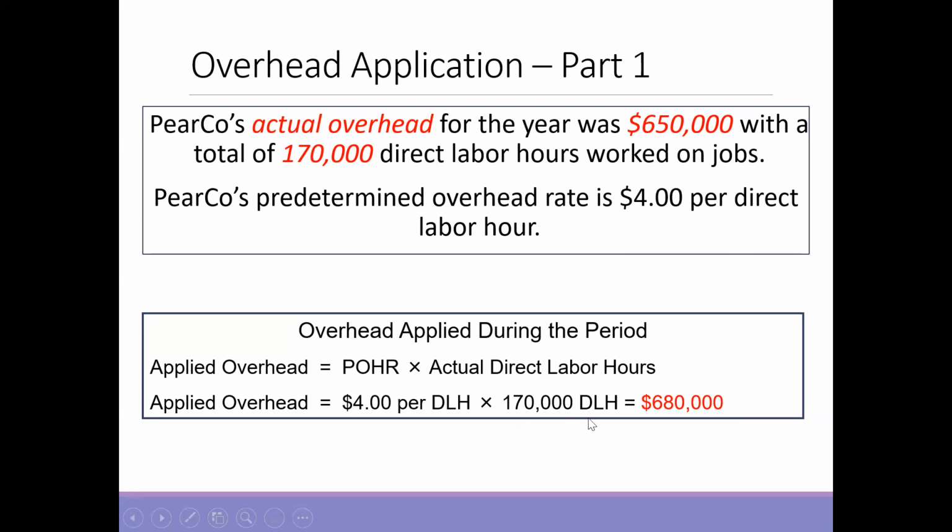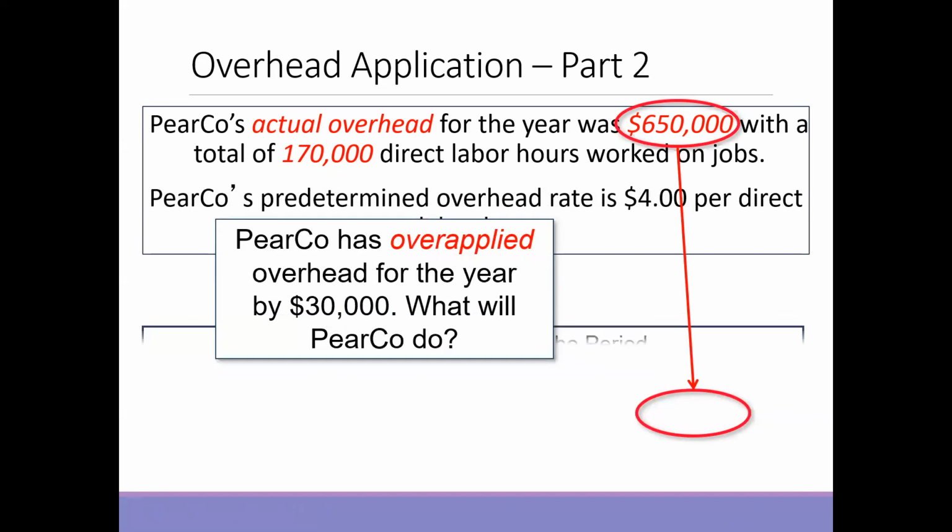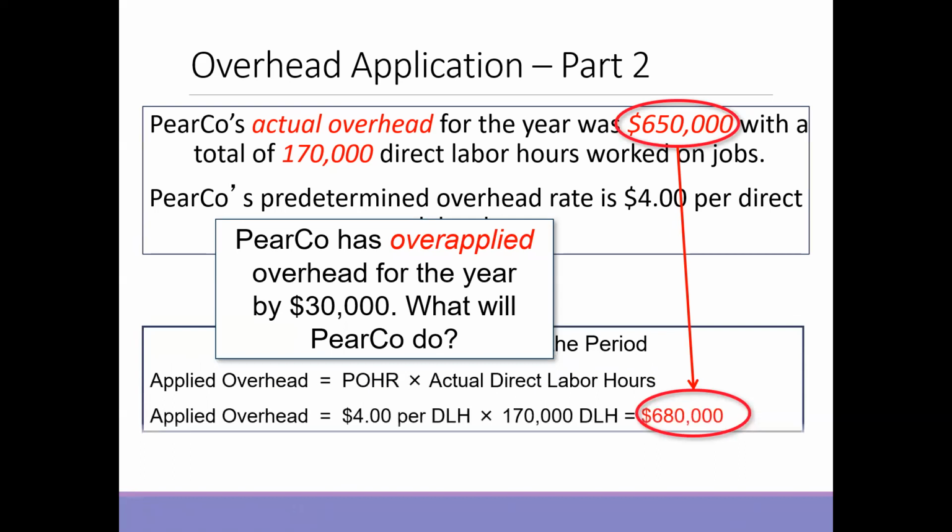If the actual manufacturing costs are over 680, we underapplied it. If they're under 680, we overapplied it. Make sense? So their actual overhead costs were only 650.